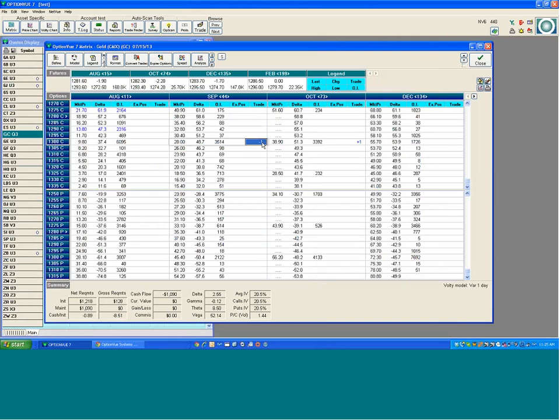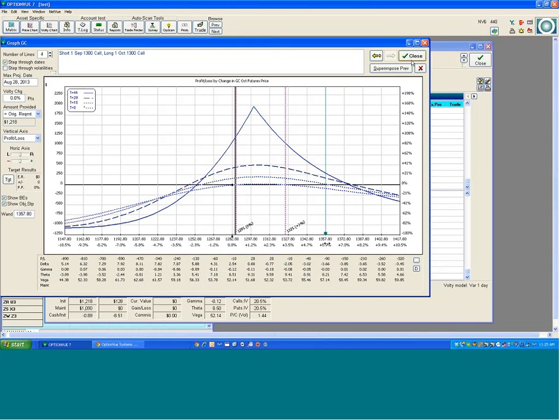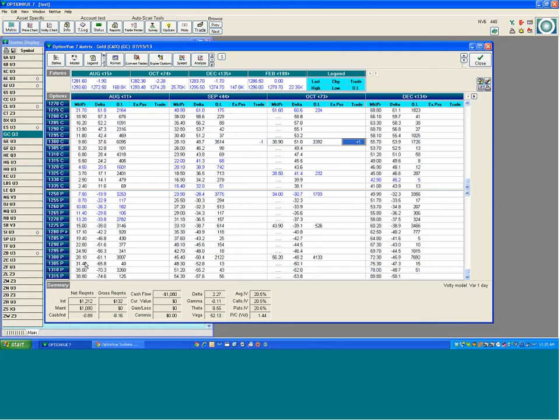We did this trade with calls, but we could add a credit put spread where, if the market rallies up to that 1357 level, we were to sell an out-of-the-money 1300 put and purchase an out-of-the-money 1290 put.